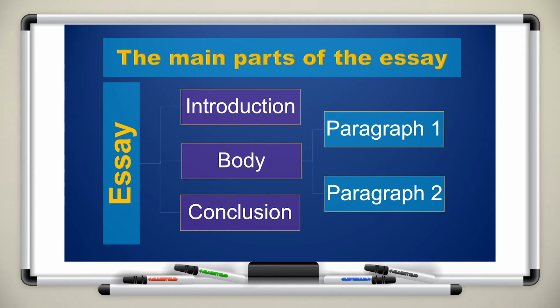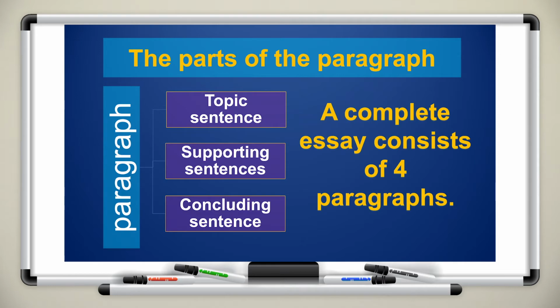The parts of the paragraph are very important. For example, the topic sentence, the supporting sentences, and the concluding sentence. What do I mean by the topic sentence? From the name, topic and sentence, you will mention the topic and you will follow it by an idea. And then in the supporting sentences, following the topic sentence, you will explain more, describe more, and inform more about the idea you mentioned in the topic sentence.